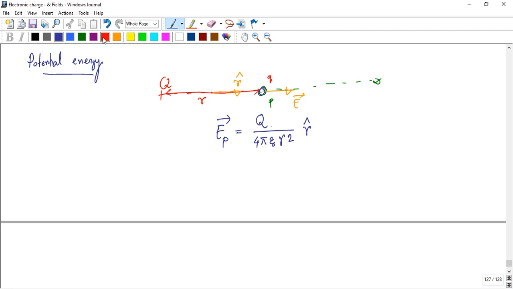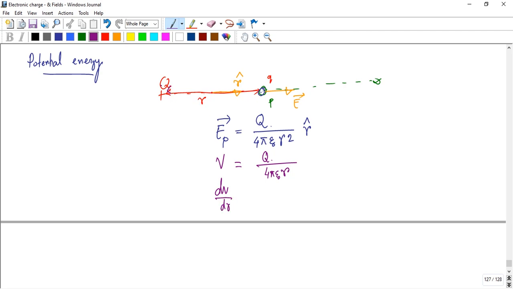So now calculate potential at point P, that is equal to Q over 4 pi epsilon naught times r. Because electric field is a vector field and electrostatic potential, or electric potential, is a scalar quantity, that's why there is a vector sign here. Now differentiate with respect to r, the length.